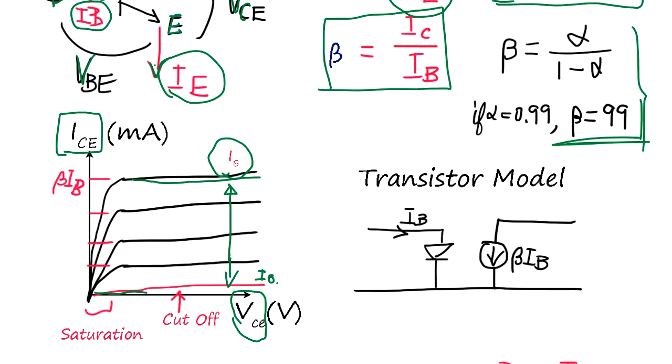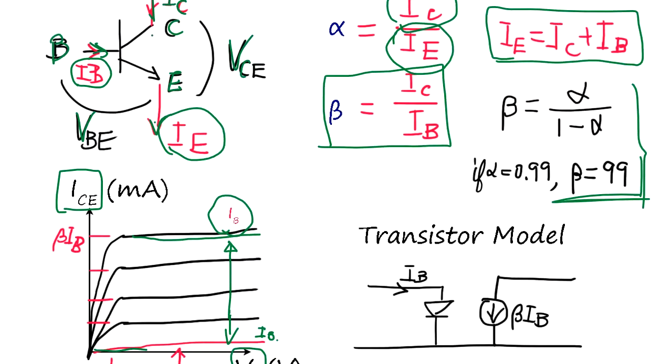And another characteristic is VCE. When this voltage gets lower, below VBE, can you see this?